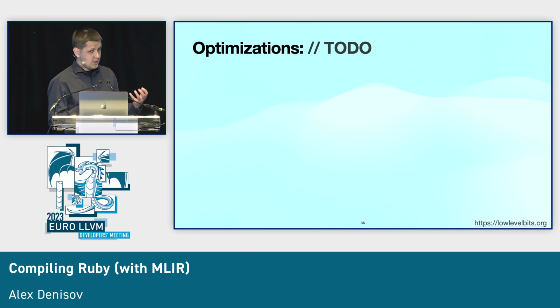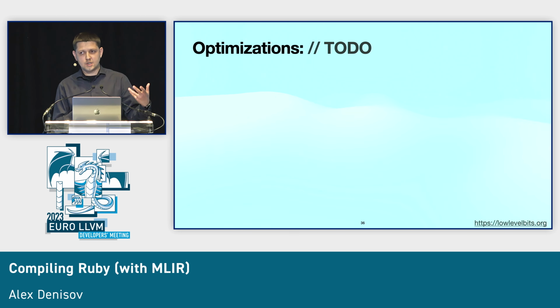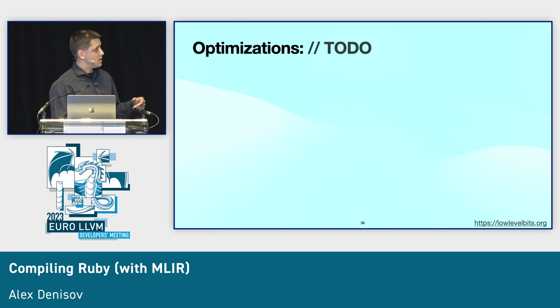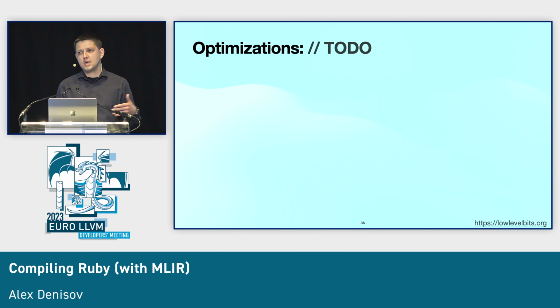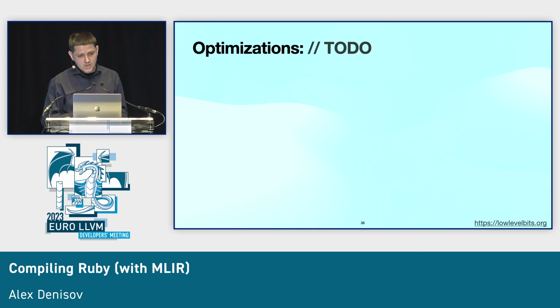And speaking of optimizations, this is a huge to-do on my list. That was one of the goals of the project, to get something fast. But right now, I'm targeting to get to the baseline so that everything works. Because if I don't have the full compiler implemented, it doesn't make sense, since implementing some other feature may break those optimizations.